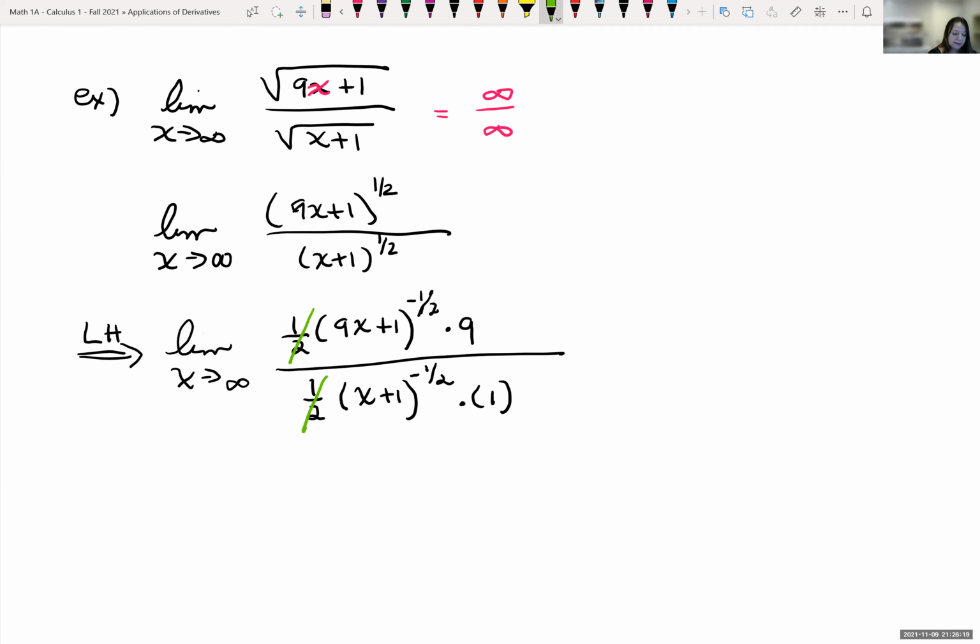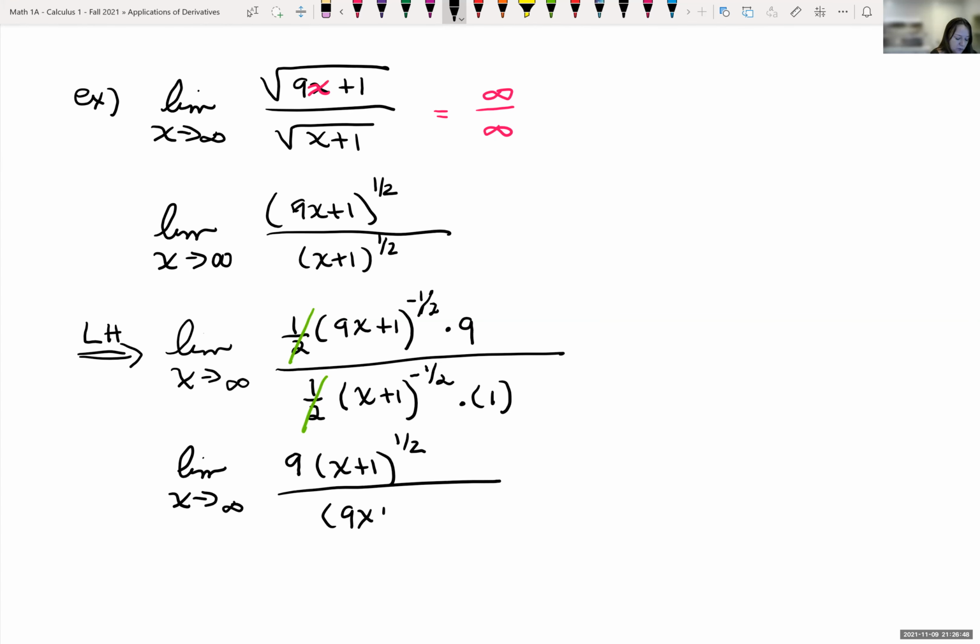I could rewrite this so that my exponents are positive. So if I do that, I have the limit as x is going to infinity of 9. I'm going to bring up this x plus 1 and make the exponent positive 1/2, all over, bringing down that 9x plus 1 to make that exponent positive.